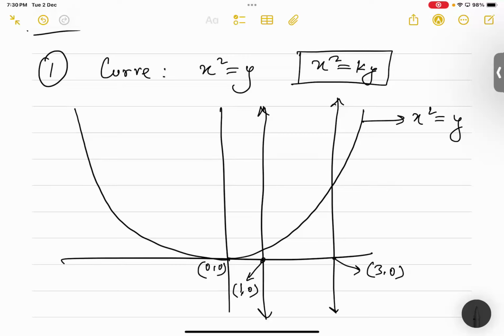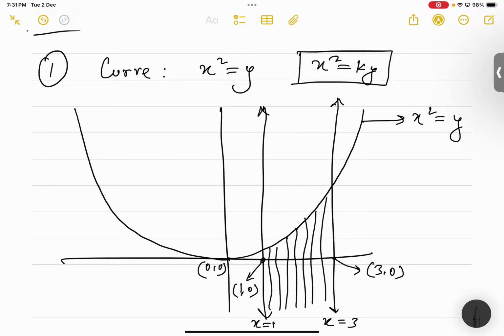So which area are they asking between the lines and the parabola? Okay. Now don't write anything. So between the lines and the parabola is this entire area, right? Between x is equal to 1, x is equal to 3, and the parabola is this entire area.